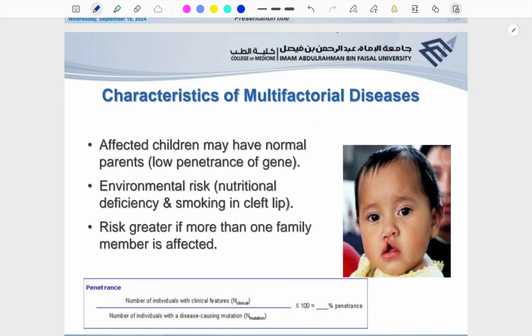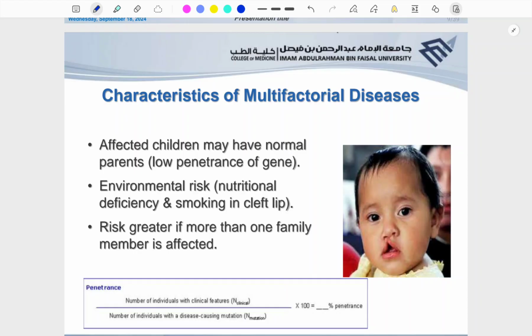The father and mother are normal, but the child is affected. Why? Because each gene contributes a little toward development of that condition. If you have a few of them, the disease won't show; if you have many of them, the disease will show. So the child must have inherited both the father's bad genes and the mother's bad genes, resulting in the condition.